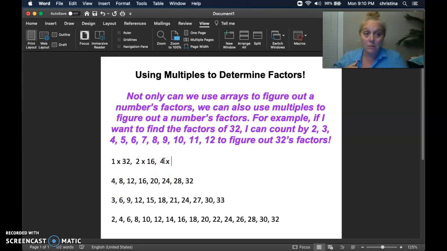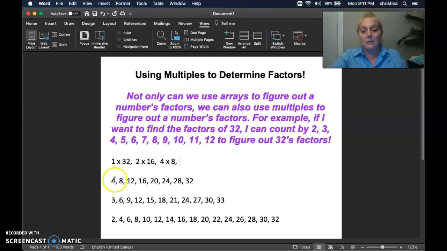Every factor is going to have a pair, kind of like a sister. The way you figure out the pair is by looking at how many times I had to count by 4 to get 32. I had to do 1, 2, 3, 4, 5, 6, 7, 8. So 4 times 8 is 32, which means 4 and 8 are also factors of 32, and 32 is divisible by 8 and 4.